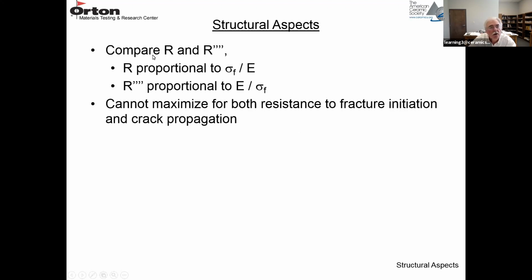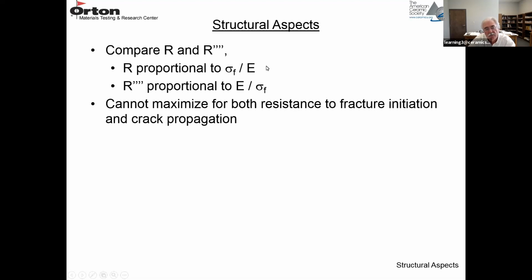So if we compare R and R4 prime, R is proportional to the strength over the elastic modulus. R4 prime is proportional to the elastic modulus over the strength. So they're completely opposite. So you cannot maximize for both a resistance to fracture initiation and crack propagation.